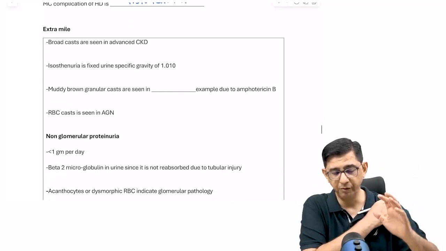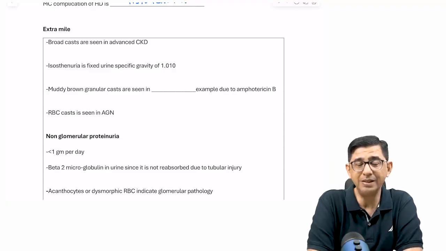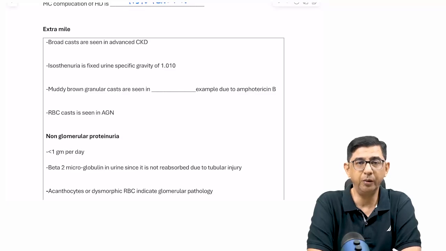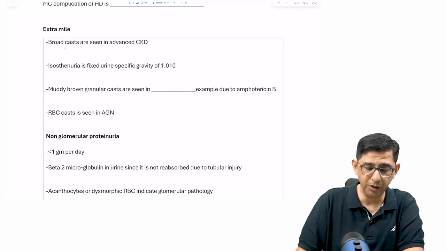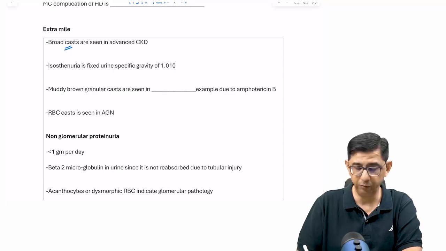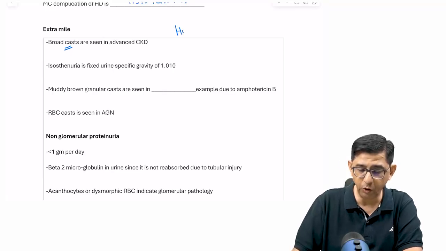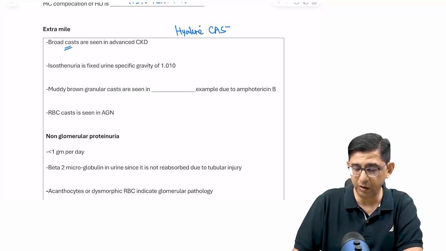Next, a couple of miscellaneous aspects to be remembered. We traditionally read about RBC casts in glomerulonephritis and WBC casts in pyelonephritis. Broad casts are seen in chronic advanced CKD. The urine of a person with normal kidneys will also have casts, and those casts are called hyaline casts.